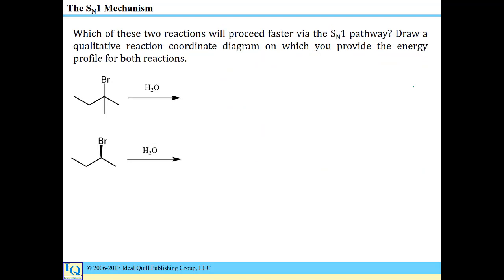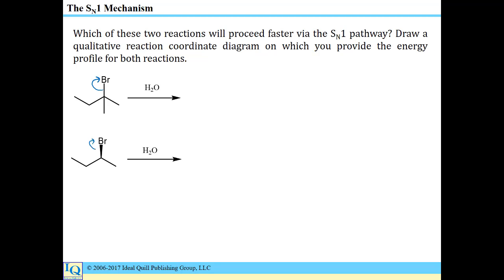In addition to simply predicting the products of SN1 reactions, we may have cases where we are asked to predict the relative rates of SN1 reactions. The slow step, the rate-limiting step of an SN1 reaction, is the heterolysis, because that is the step that forms the least stable of the species along the SN1 pathway.